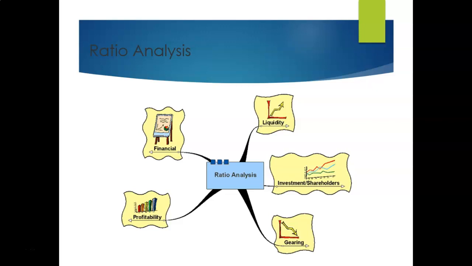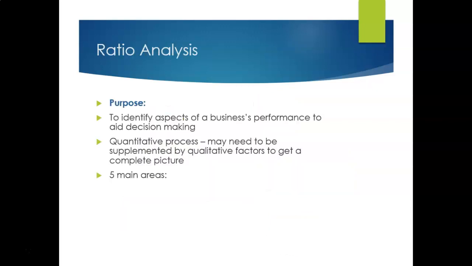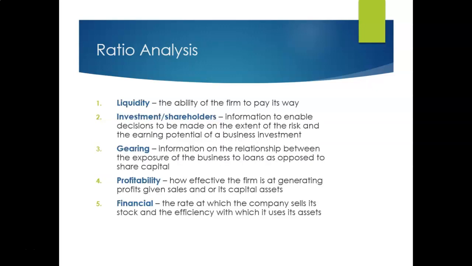So one can see here different kinds of ratio: financial ratio, liquidity ratio, investment ratio, gearing ratio or profitability ratio. The purpose is to identify aspects of business performance to aid decision making. And there are 5 areas which we have just discussed, namely liquidity. What does liquidity mean? Liquidity means the ability of the firm to pay.